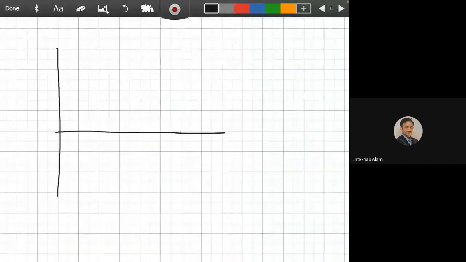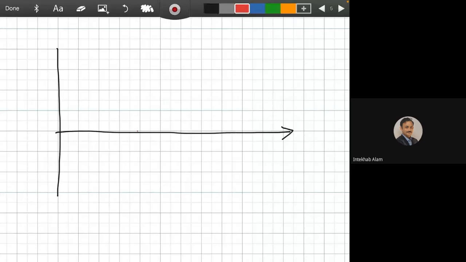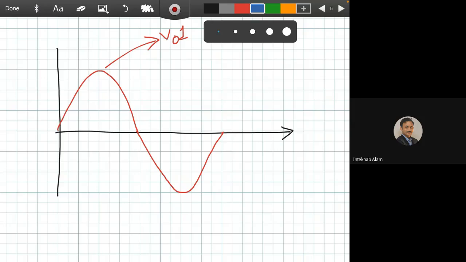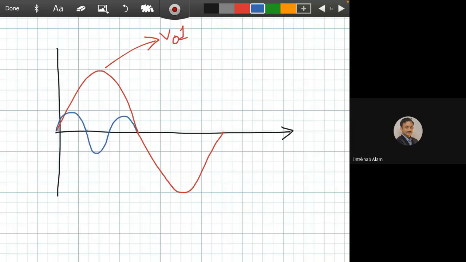For example, this is the fundamental VO1, and this is VO2.